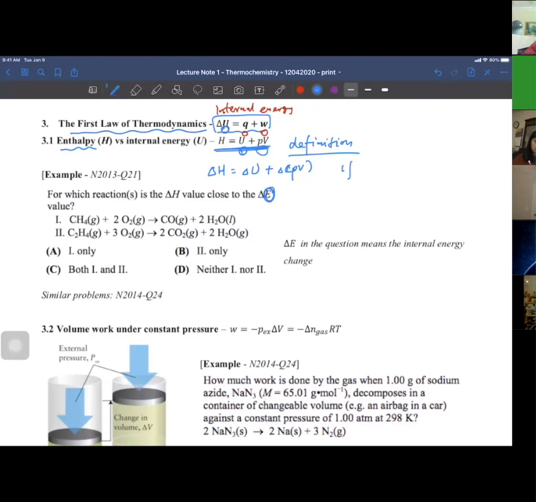And then if P is a constant, we can further change this into delta H equals delta U plus P times delta V. Make sense to you?